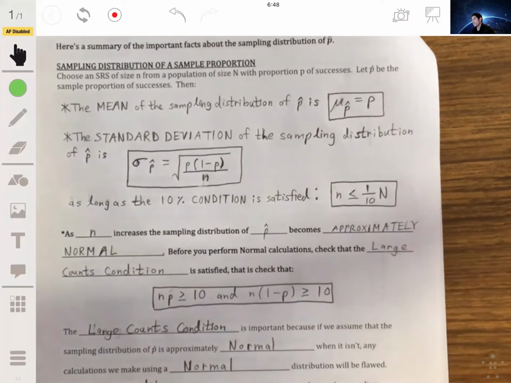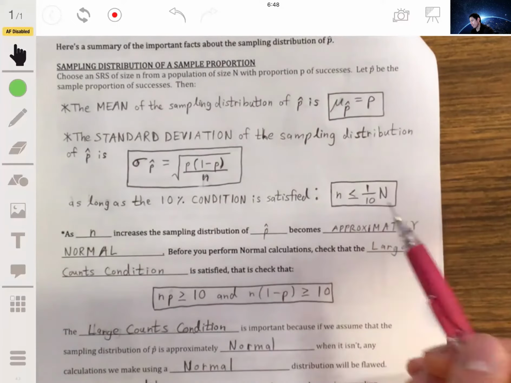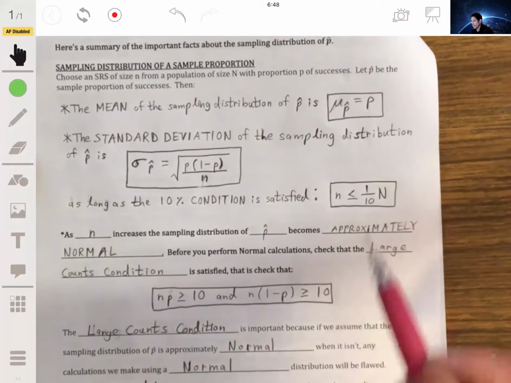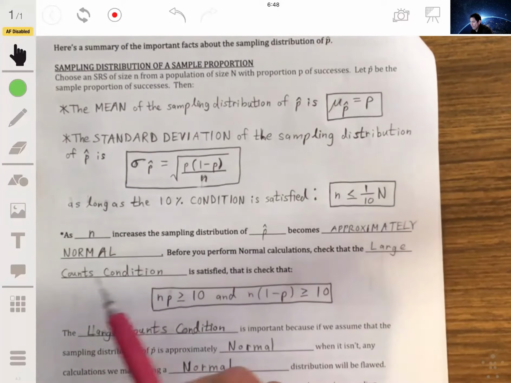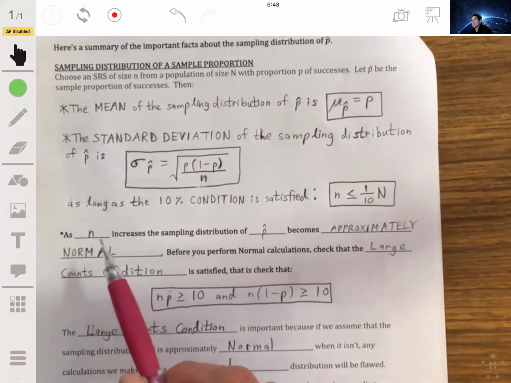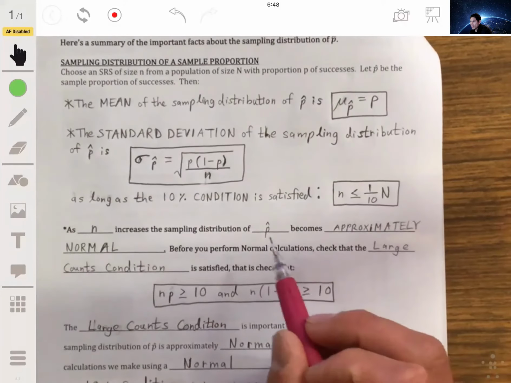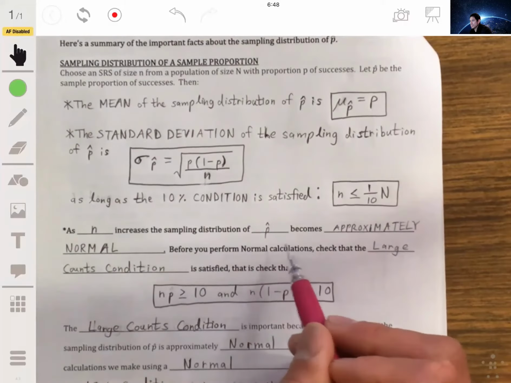But it is fun, and I do like doing it because I love math, obviously. But it's not necessary. There's usually going to be a section in the textbook, or you can always find some proofs on how this works. Anyways, so the bigger the sample size gets, the more approximately normal the sampling distribution of p hats gets.